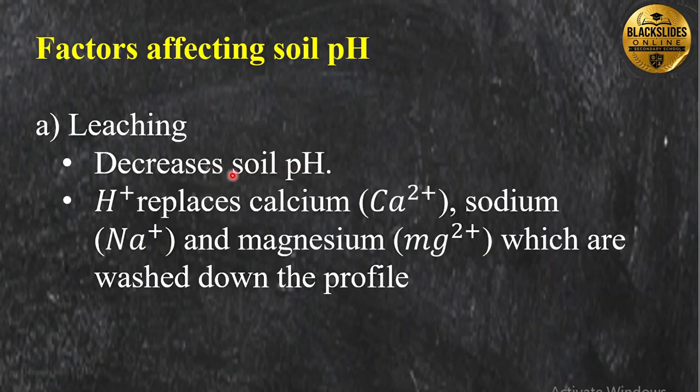A soil that has a lower pH is more acidic than the one that has a higher pH. Remember, pH values and acidity vary inversely. The lower the pH value, the higher the acidity, or the greater the concentration of hydrogen ions.